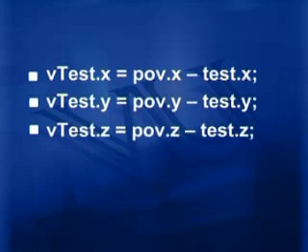vtest.x to be equal to x coordinate of point of view POV minus x coordinate of test. We calculate vtest.y to be the difference of y coordinate of point of view and y coordinate of test, and similarly the z coordinate is calculated to be the difference of z coordinate of point of view and z coordinate of test.